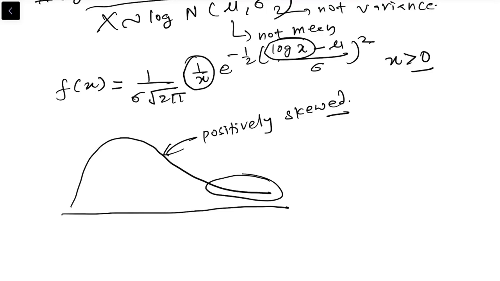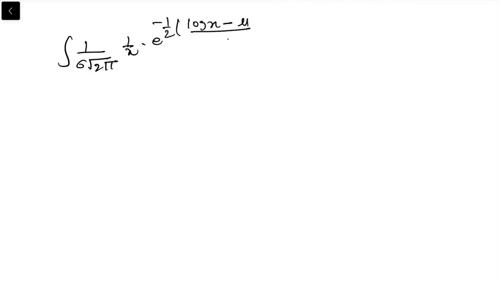Now how do we transform the log normal into normal distribution? So let's look at that. So the PDF of log normal is 1 over sigma square root 2 pi, 1 over x, times e to the power minus half, log x minus mu divided by sigma, whole square, right? And if we integrate this in the whole range, that is from 0 to infinity, then we'll get the integration 1, because this is the PDF of log normal, right?